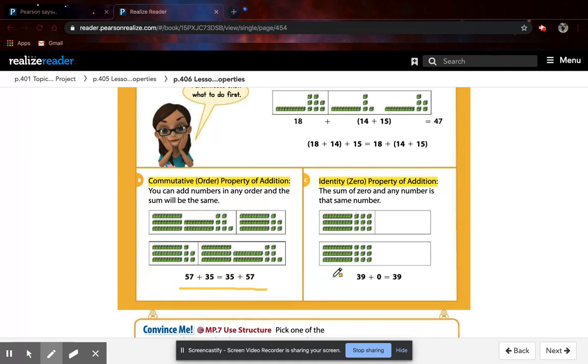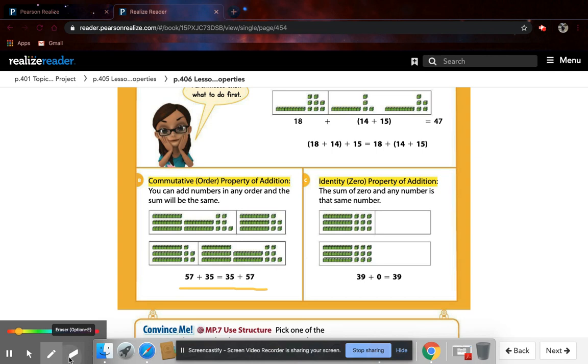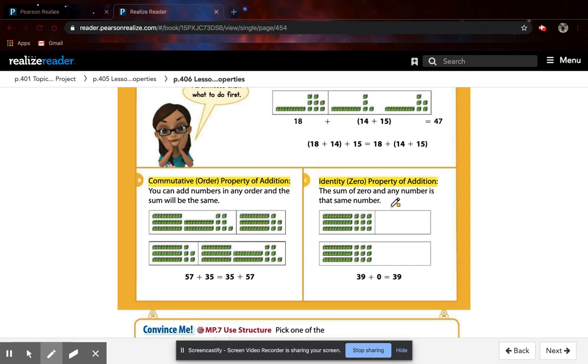And the next property that we're going to look at is the identity property of zero, which is the sum of 0 and any number is that same number. So just like how in multiplication, anything times 0 is 0, anything plus 0 is the other number. So if anything, it's just kind of a combination of our ones rule and our zeros rule for multiplication.